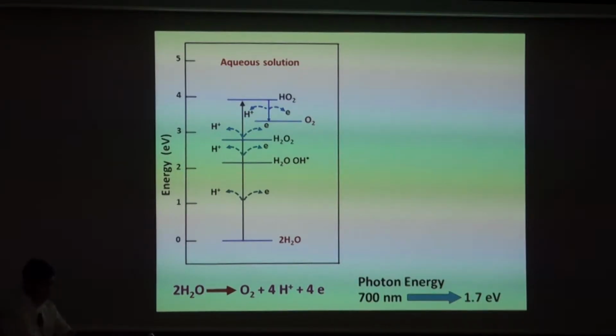Another problem with the aqueous solution is that each intermediate species generated during this reaction includes a number of radicals, water radicals, oxygen radicals, which are so-called reactive oxygen species.